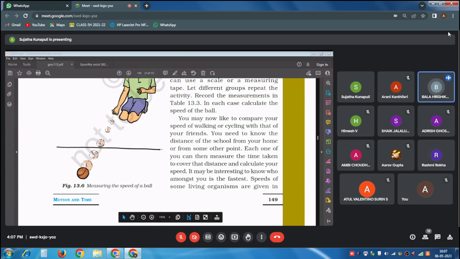So, ma'am, if friction does not exist, then the ball can go infinitely. It will go on. If there is a smooth or polished floor, ma'am, then there is less friction there. It will go at speed, ma'am.